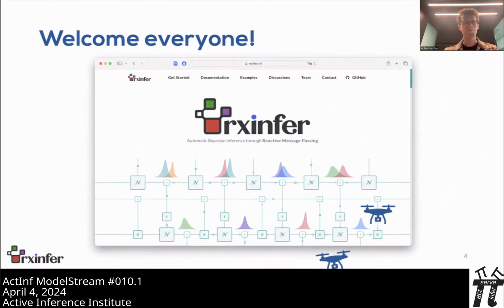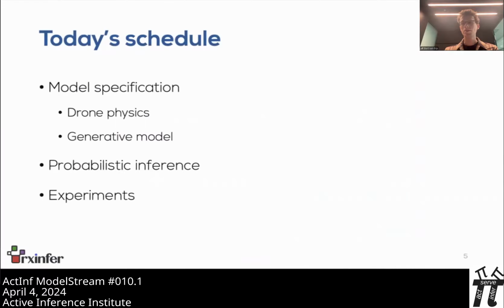So let's get started. What I'm going to talk about are three parts basically in this talk. I'm going to first start off with the model specification. In the Bayesian inference methodology, the first part is always that we need to craft a model. And this model will include some drone physics. I'll be taking you back to high school where you learned all these concepts, refresh a couple of them. Based on that, I'm going to construct a generative model of how a simplified drone would look like.